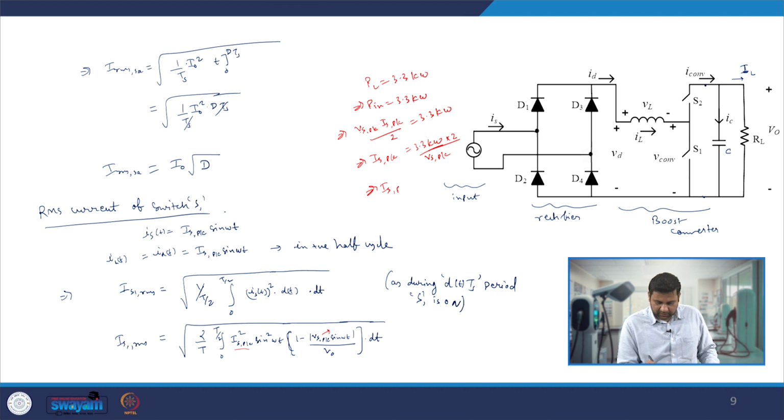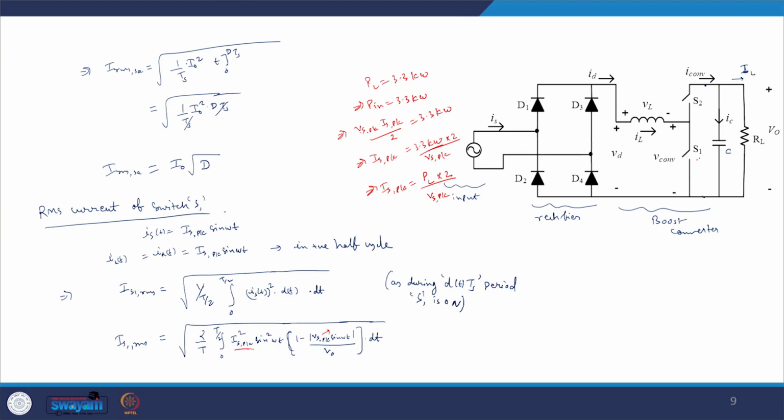Generalizing, Is peak is nothing but PL times 2 divided by Vs peak. Using this formula, one can know my Is peak, and thus easily calculate the RMS current rating of this S1 switch.